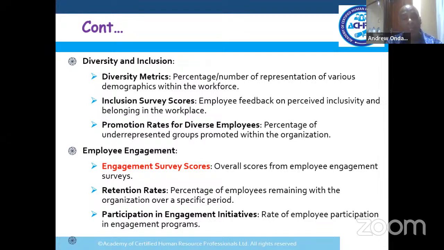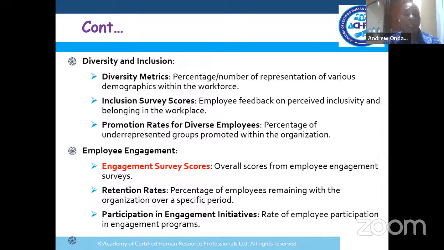And lastly, on employee engagement, there is the element of participation in engagement initiatives. Like I have indicated before, one of the ways of engaging employees is to allow them to participate in organizational decision making.